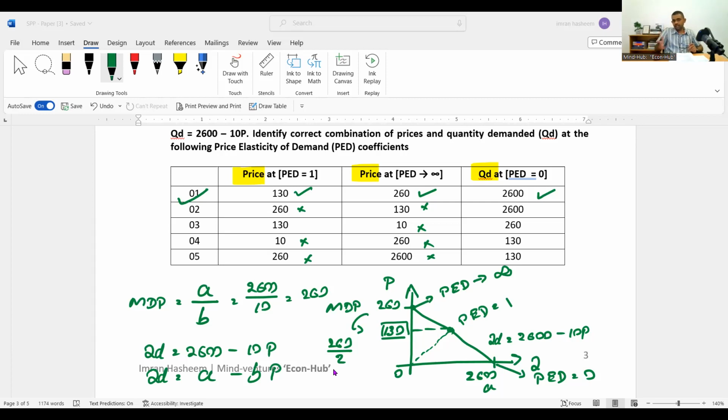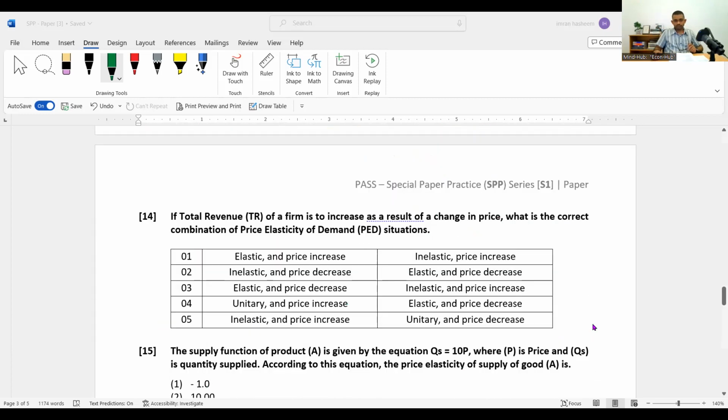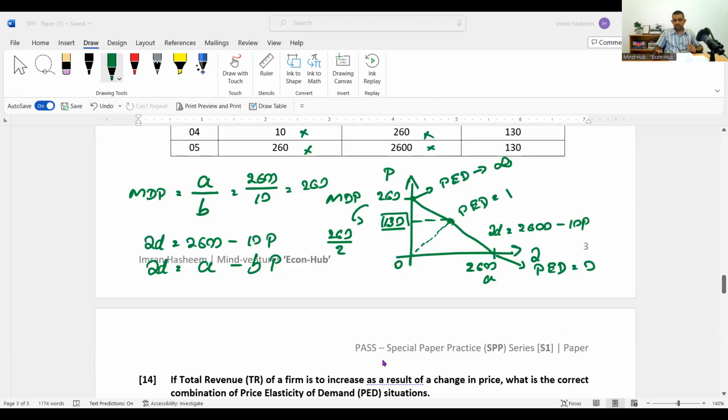But if you can answer this question, you can answer a lot of other exam standard questions easily. My simple guidance is: know how the point PED coefficient behaves downwards along a traditional linear demand curve. Be very good with that knowledge.